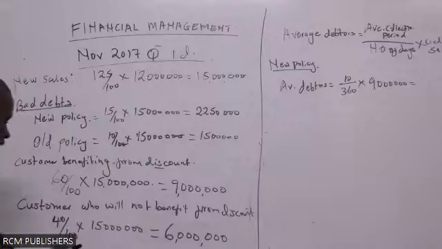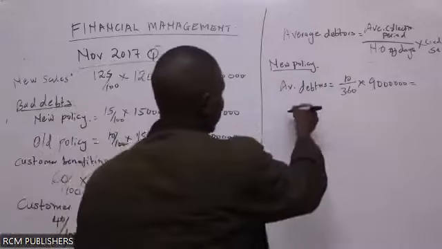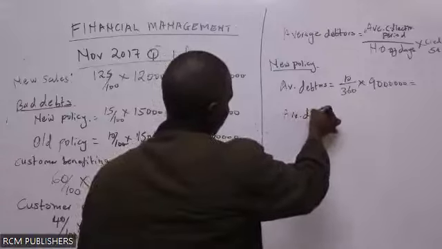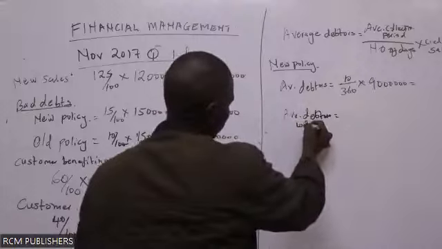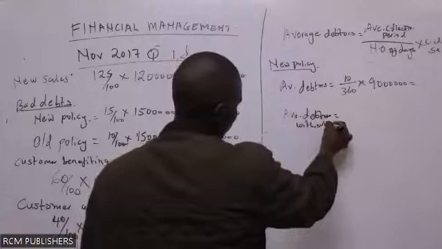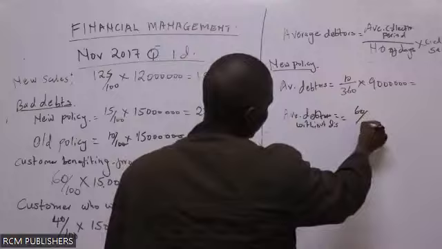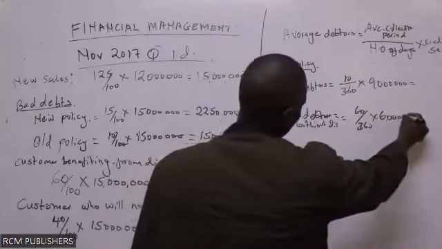Now the people will be amount yenye tutatumia ni hiyo. So average data without discount. This is with offer. This is without discount. To be 60, net 60 over 360 times 6,000, 6 million.